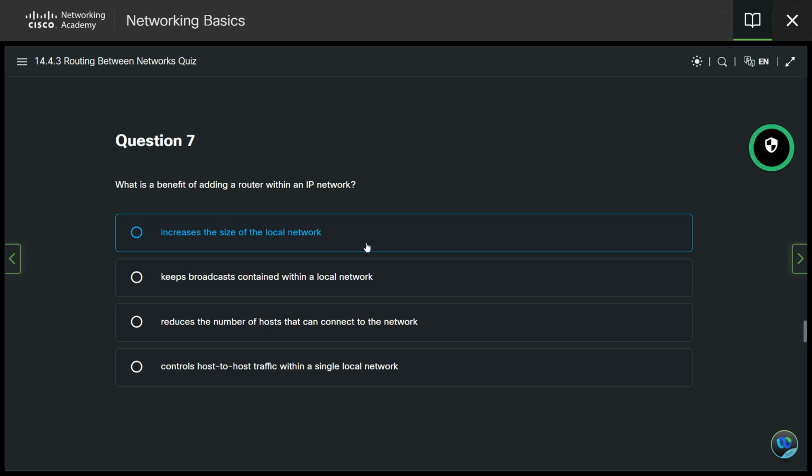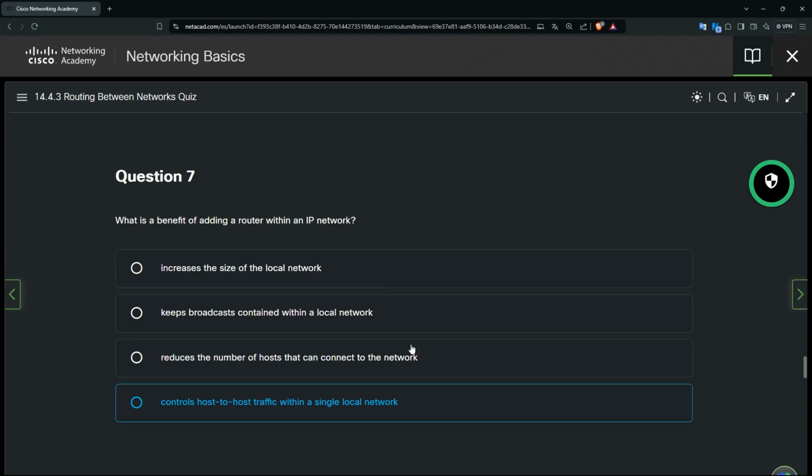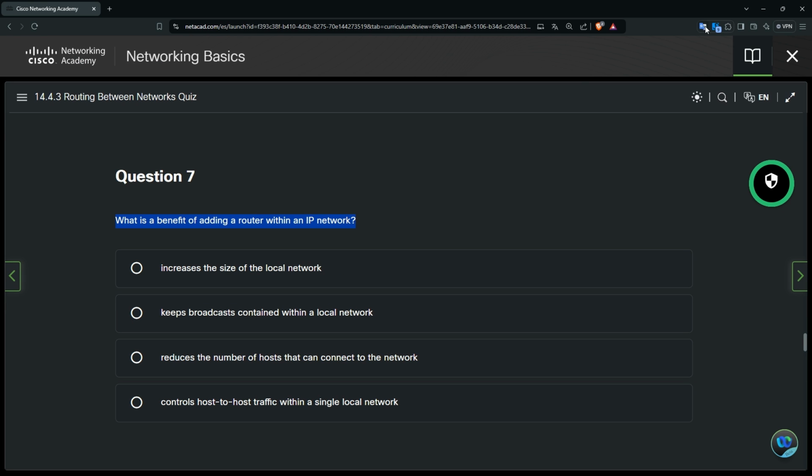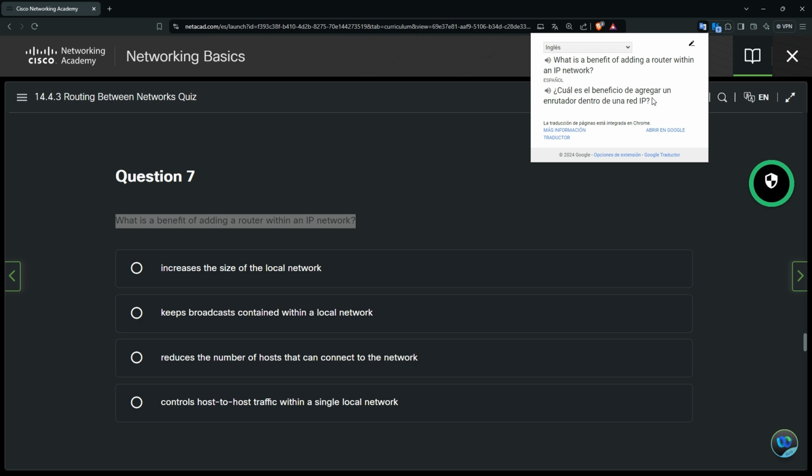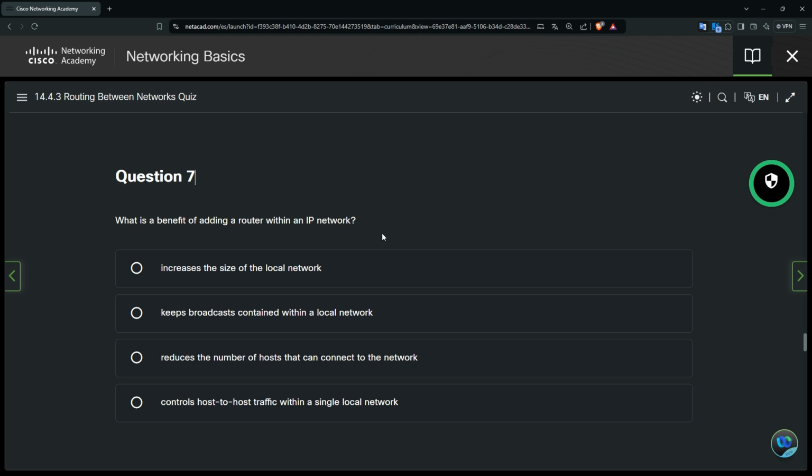Increase the size of the local network, keep broadcasts contained within a local network, reduce the number of hosts that can connect to the network, or control host-to-host traffic within a single local network.